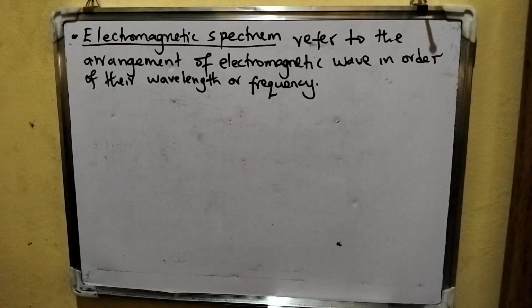So when you arrange the 7 electromagnetic waves in order of their wavelength or frequency, we result to what is called electromagnetic spectrum. So let us arrange them.